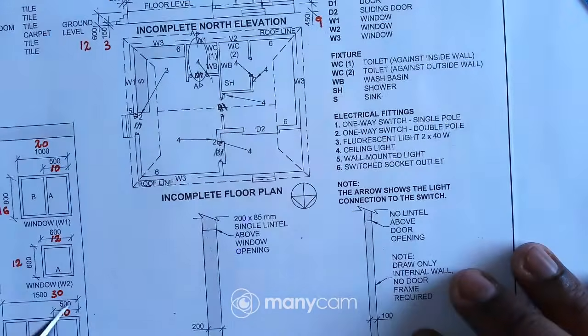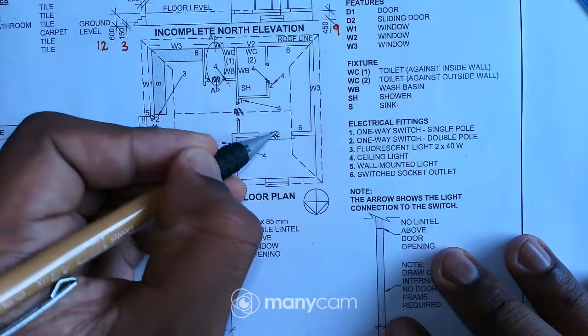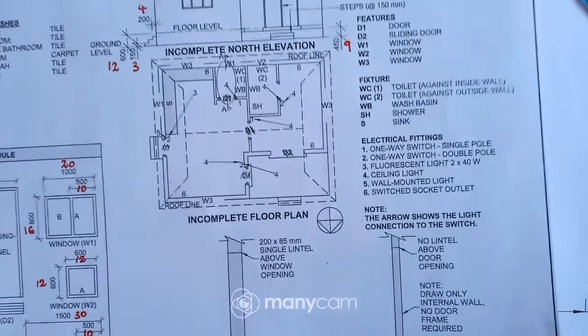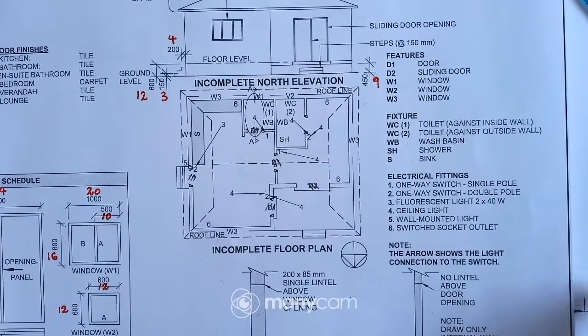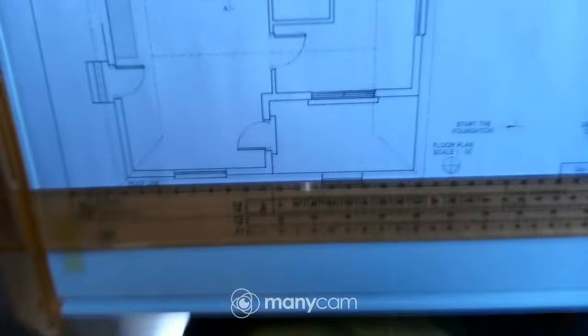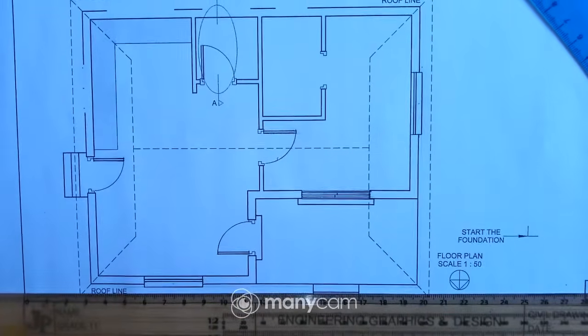So now I can just go back to my incomplete floor plan and mark off D2, right? So now I think I added all the doors. So now I'll just try and add the windows. If you check from my floor plan, let me just zoom out.